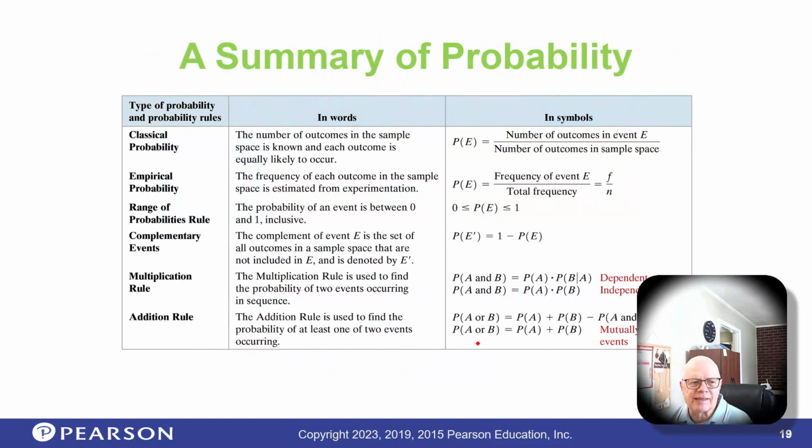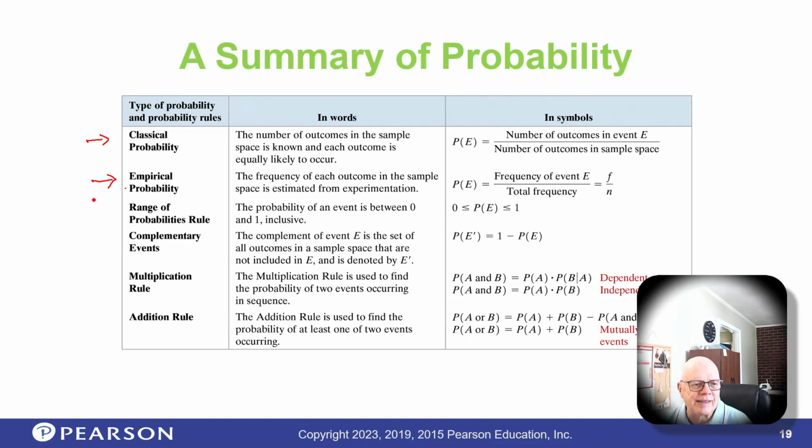So here's a list of some of those probabilities and types of probabilities. Remember the classical probability? All the outcomes have an equal chance of occurring. The empirical is when you've done an experiment with a lot of possibilities and you keep track of how many times a certain thing happened.